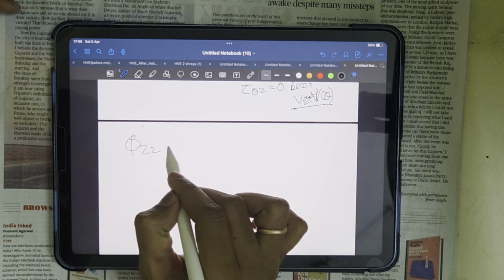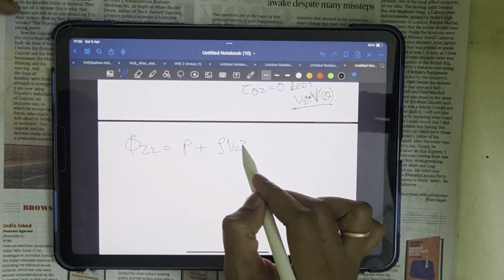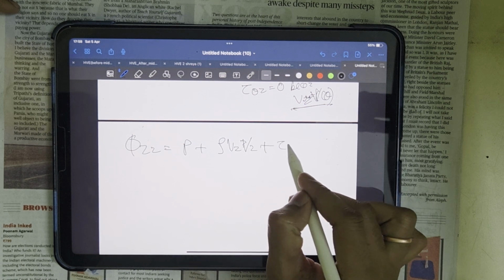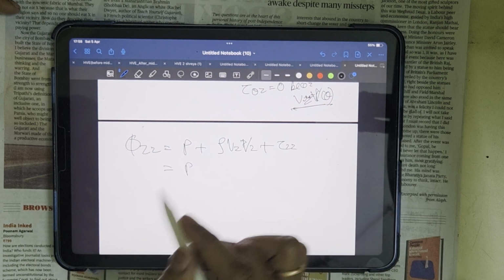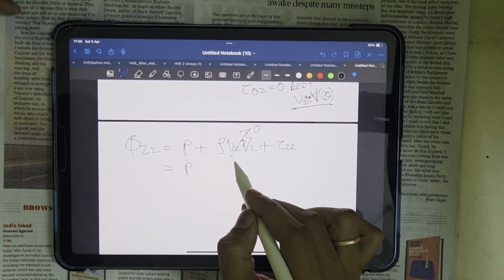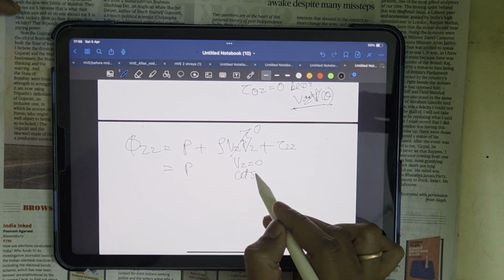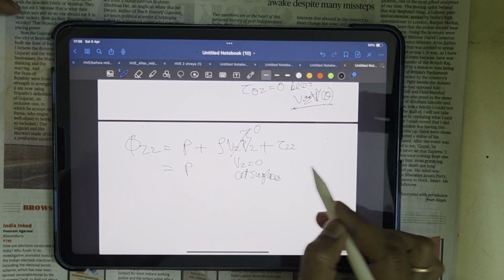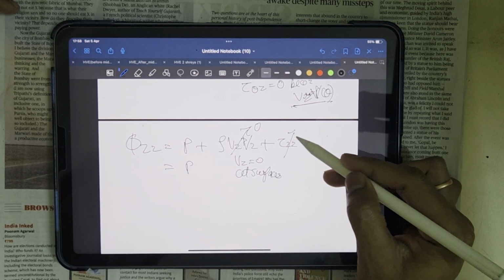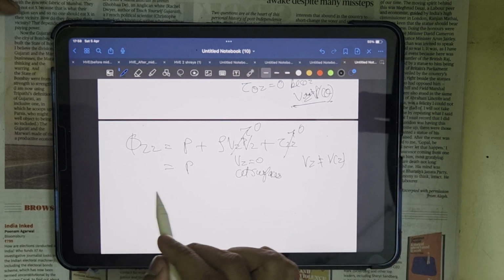Phi zz is equal to p plus rho vz plus tau zz. This becomes p, and this becomes 0 because end effects are neglected, because vz is equal to 0 at the surface, and tau zz becomes 0 because vz is not a function of the z direction.